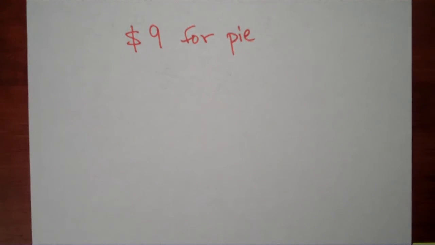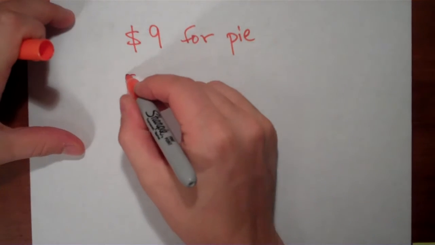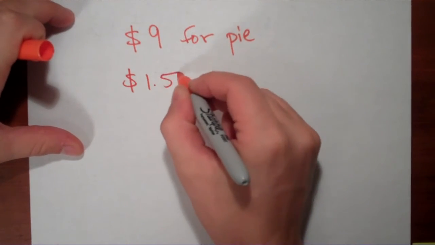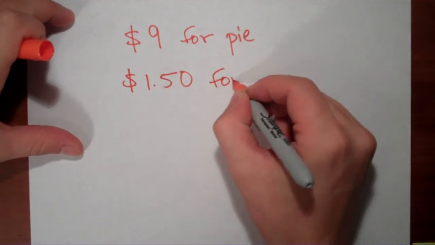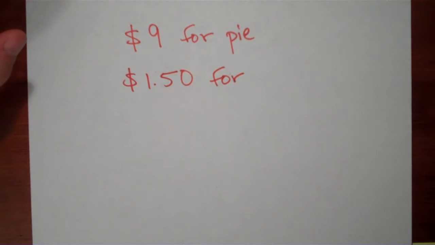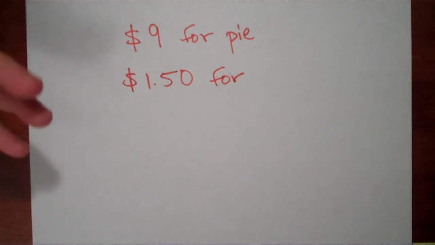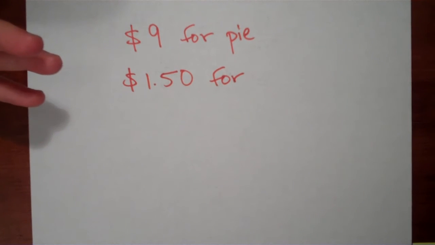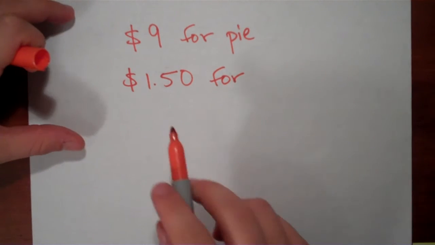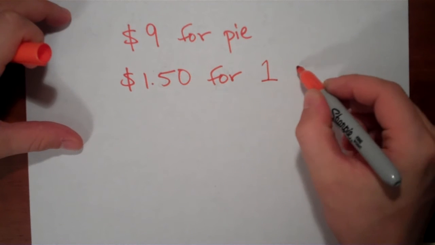Because the next thing it says is it costs an extra $1.50 for each topping. Anytime you see each of something, that means every one topping. So $1.50 for each topping means it's $1.50 for one topping.